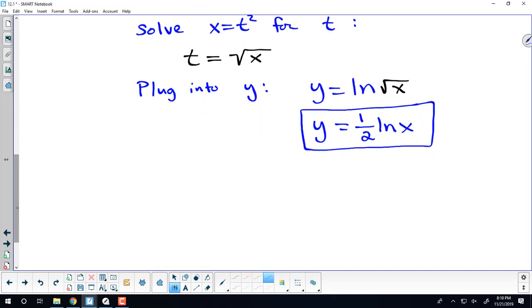So all we've got is the natural log function. We've divided it by 2, so we've compressed it in the vertical sense by a factor of 2. So there's our graph.